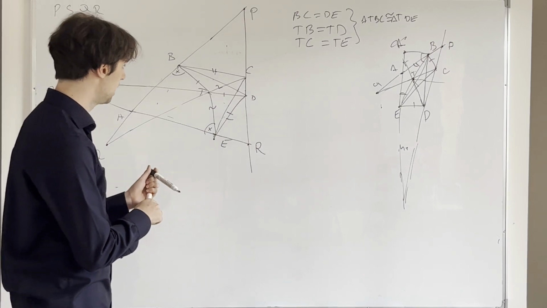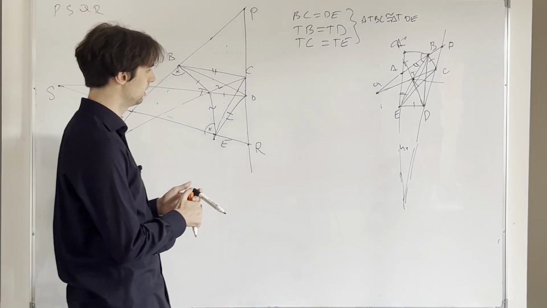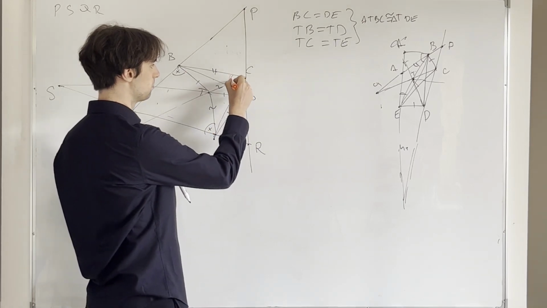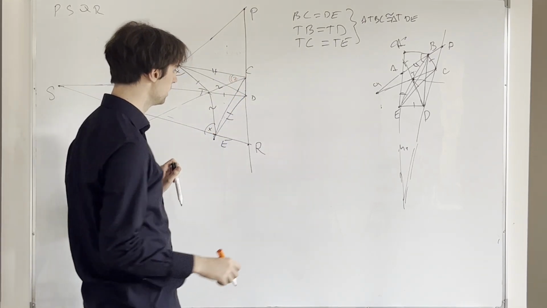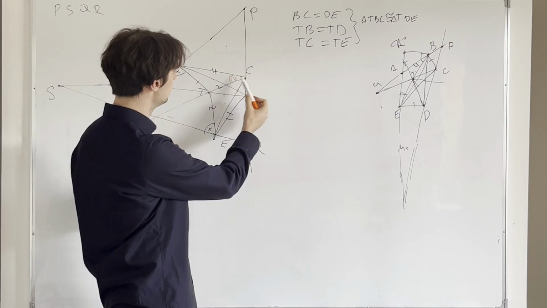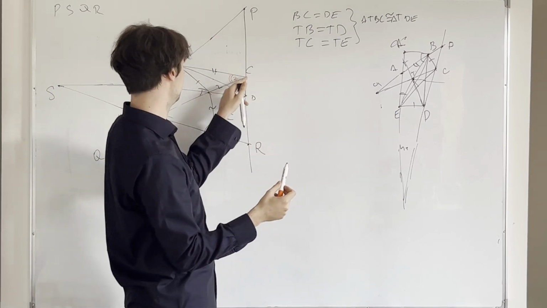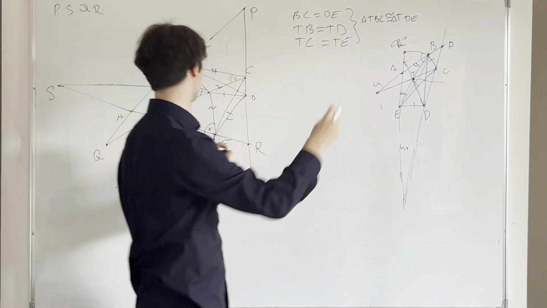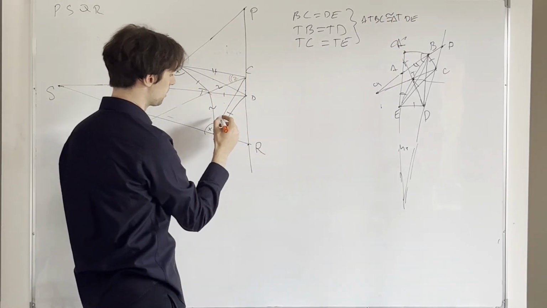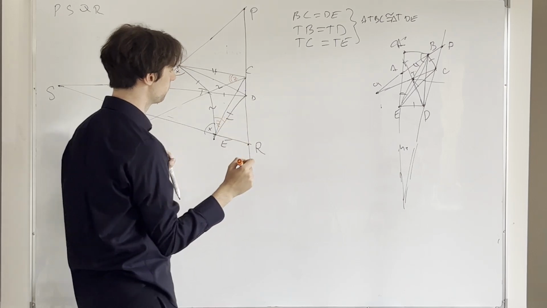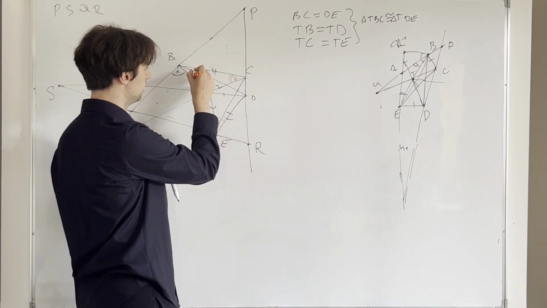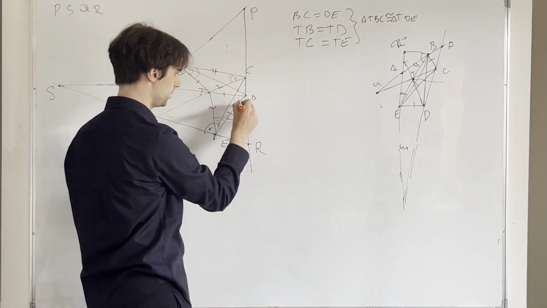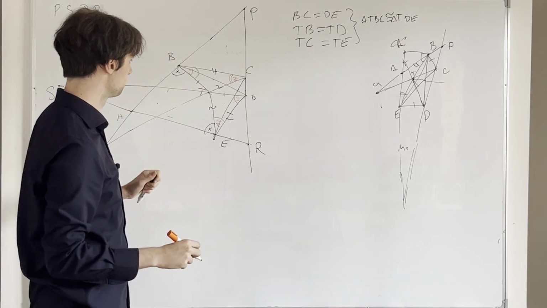So, for example, it's going to give me this angle over here, let's call this Z, is equal to TCB. So I get TCB is TED. This whole angle here is Z. And if I call this angle Y, then this whole angle over here is also Y.